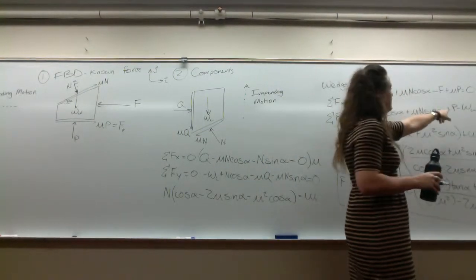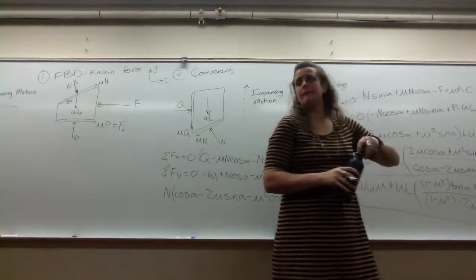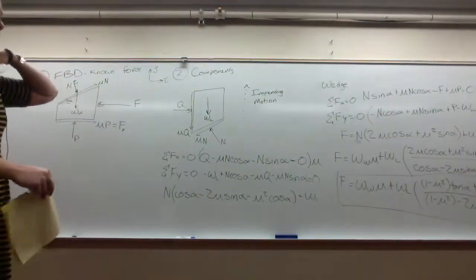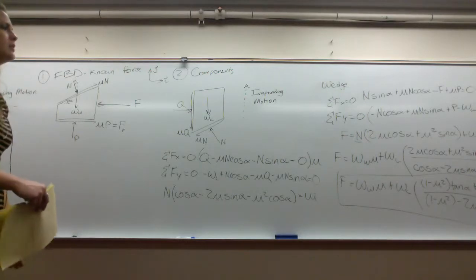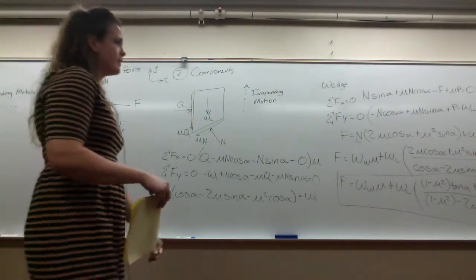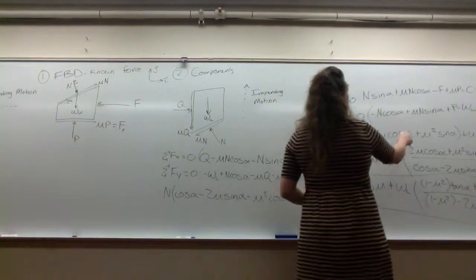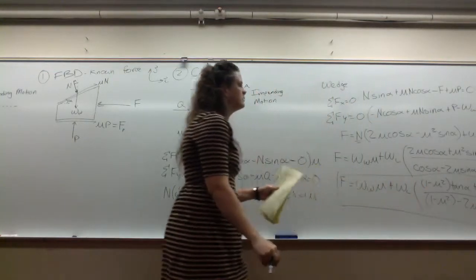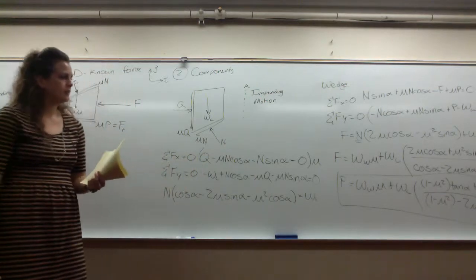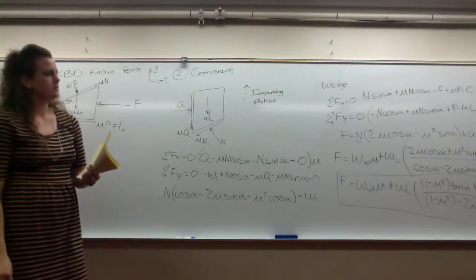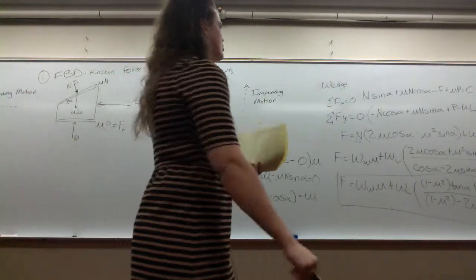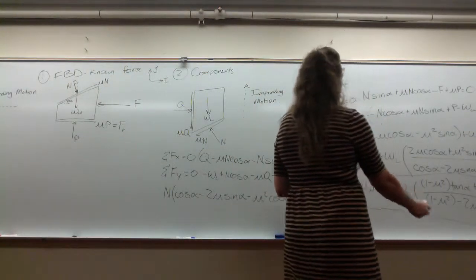So if I have an n sine theta on the top and then a mu squared n sine theta on the bottom, do you follow me there? How do I end up with mu squared sine alpha on the bottom? Should be minus. I'm wondering what happened to the sine alpha on top.